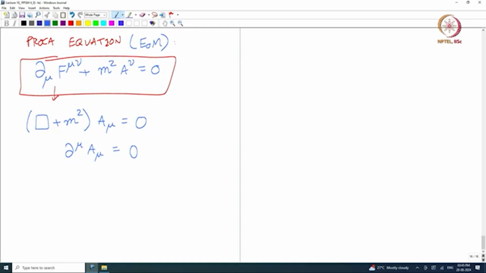Together, this is exactly equivalent to that. You can convince yourself, go expand this and see. I like writing it like this because it helps me see what each of these equations actually means.